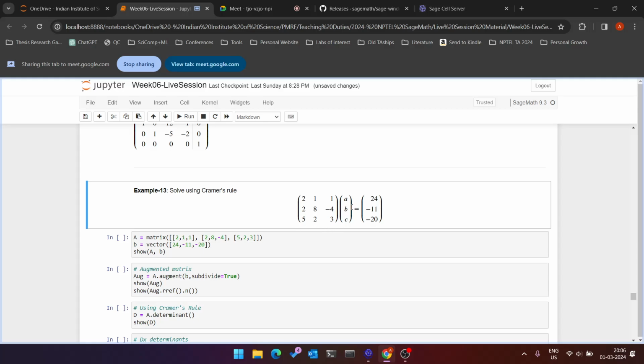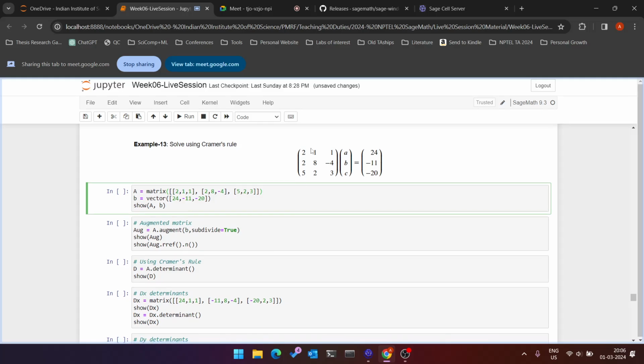What we essentially do is, whichever variable you want to calculate, suppose we want to calculate the value for A, we place the right hand side into the column corresponding to the variable of interest. This creates a different matrix whose determinant we evaluate, and then we scale that determinant value with the determinant of this original coefficient matrix. I think it will become clearer in the code.